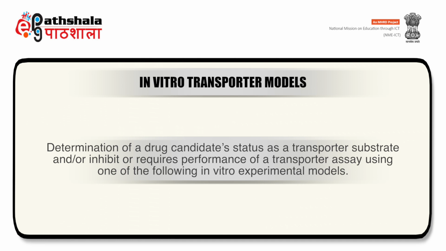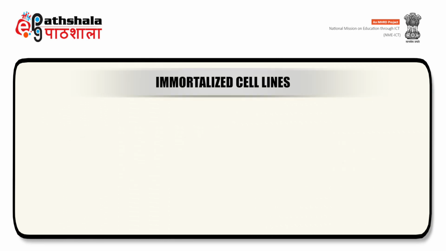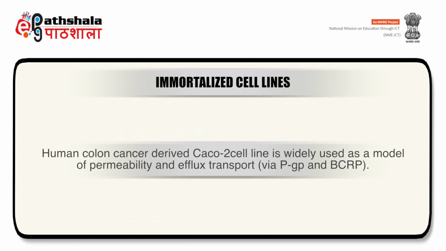Determination of a drug candidate's status as a transporter substrate and/or inhibitor requires performance of a transporter assay using one of the following in vitro experiment models. Immortalized cell lines. The human colon cancer derived Caco-2 cell line is widely used as a model of permeability and efflux transport.